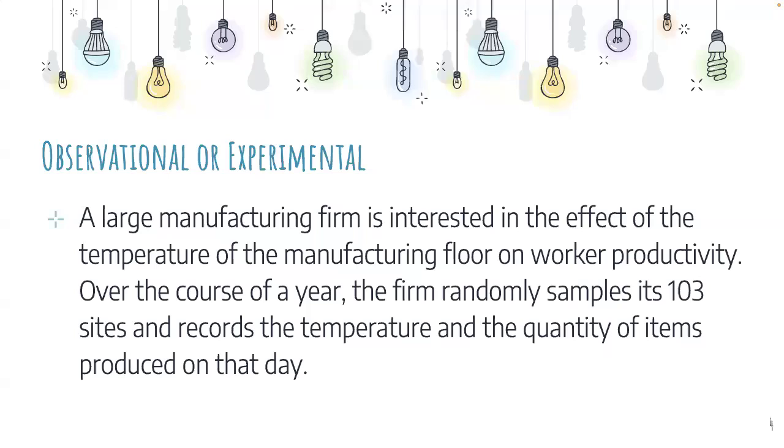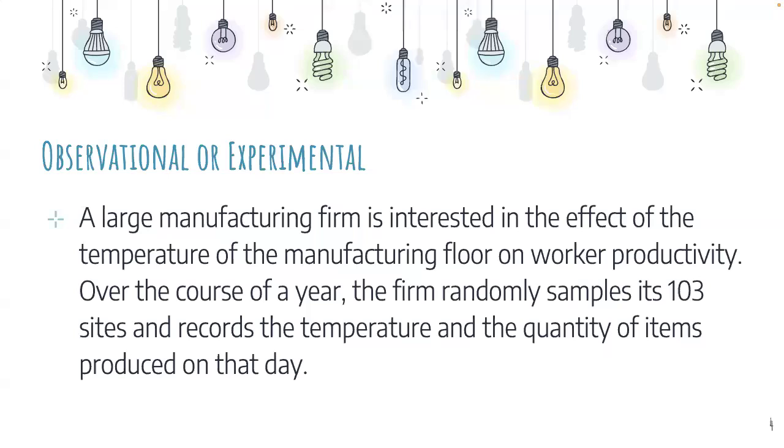Over the course of a year, the firm randomly samples its 103 sites and records the temperature and the quantity of items produced on that day. Observational or experimental? So we have the firm. It has a total of 103 sites. So instead of going to all of the sites, they are just randomly selecting some of them. And then they will go in.